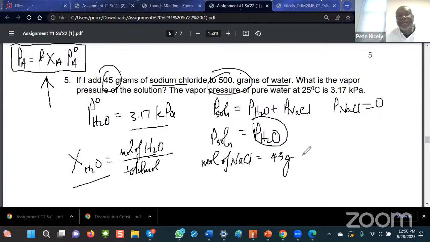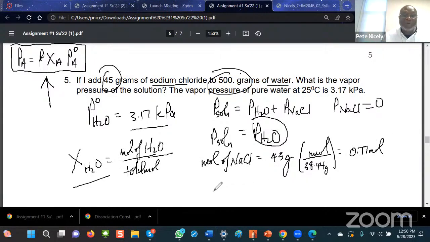Okay, so 45 grams, and then we multiply that by 1 mole over the molar mass, which is 58.44 grams. So let me write that down here. 58.44 grams. And according to my calculation, this works out to be equal to 0.77 moles, all right?